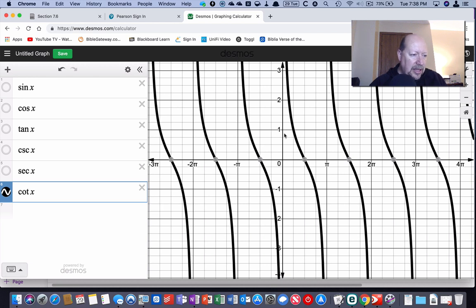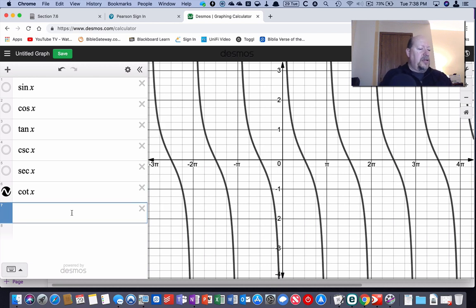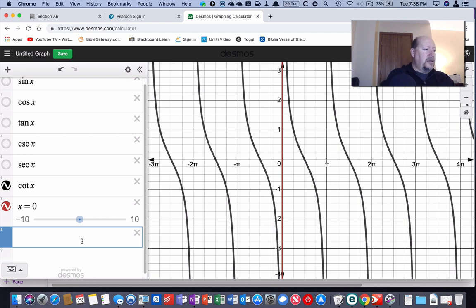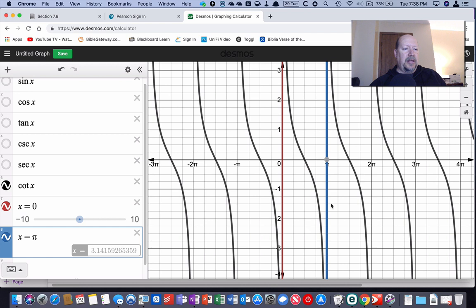You can see here, it looks like it's 0. So if I type x equals 0, there's a space. And then it looks like over here at pi, let's try that. So x equals pi, and then 2 pi, and then 3 pi, and then you could go backwards, negative pi, negative 2 pi. So it looks like all integer multiples of pi would be a place where this function is undefined.